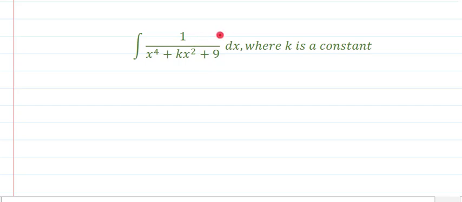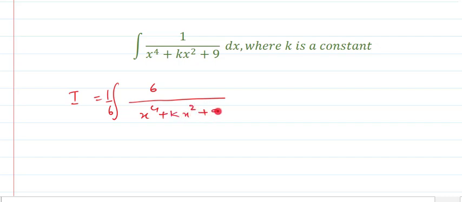So it can be done very easily by multiplying and dividing by 1 upon 6. Why 6? Because we need to create 3 over here, plus 3 and minus 3. So let me write over here 6 in the denominator, we are having x power 4 plus kx square plus 9 dx.